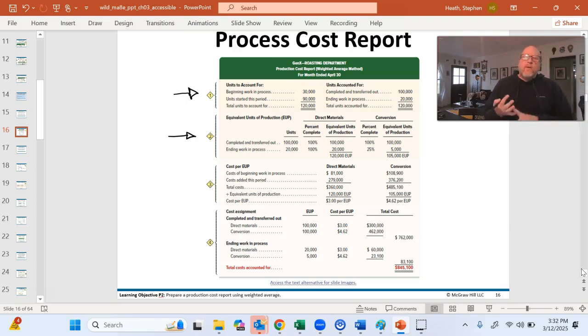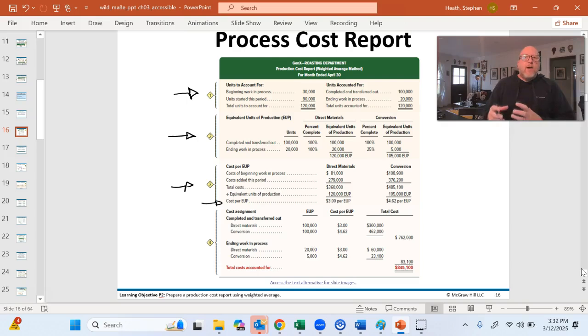All right. Once we've understood the equivalent units with respect to both material and conversion costs, then we're just going to add up all the costs. And then we can compare step 3 with step 2 and determine our cost per equivalent unit. All right.